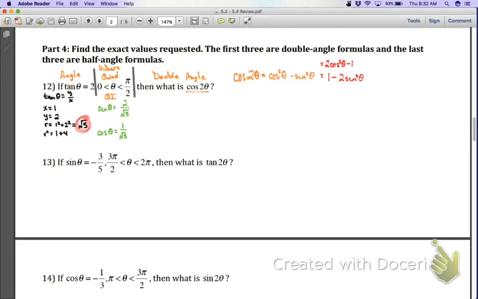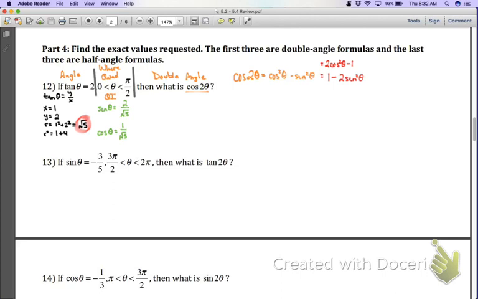Once you get sine and cosine of any of your angles, that's whenever you can start. It's the beginning of everything that you do. You want to make sure you have x, y, and r of all of your angles, and then sine and cosine of all of your angles.